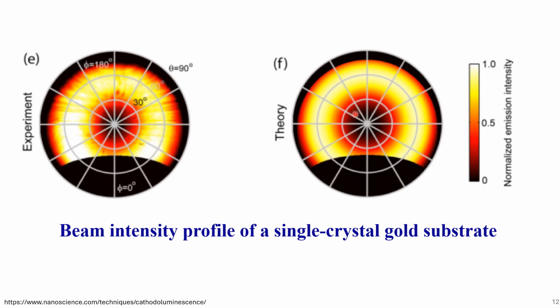Such imaging is also known in optics as Fourier imaging, referring to the fact that one images momentum space rather than real space.